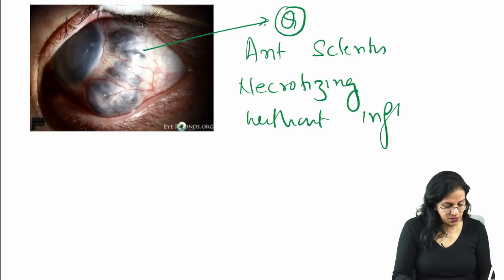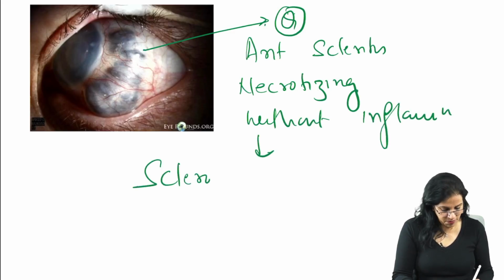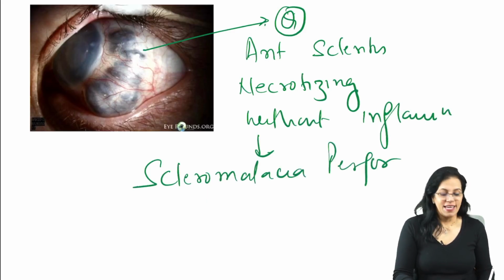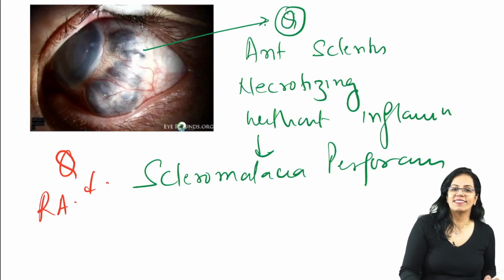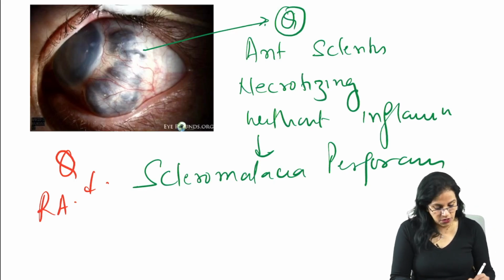What do you call this? We all know we are talking about scleromalacia perforans. Okay. What is the exam question? The exam question is, it is associated with, you will answer, rheumatoid arthritis. And it is leading to which staphyloma? This is in the ciliary area, so ciliary staphyloma.